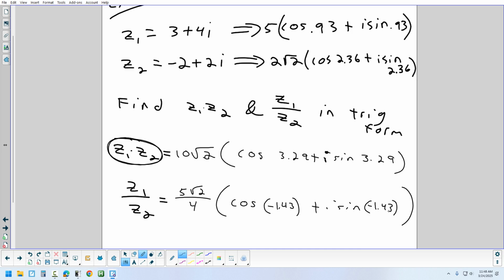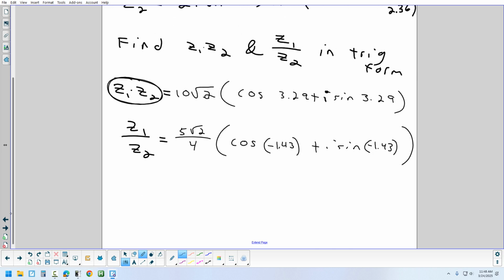Now, I don't know if you noticed or not, but there were no labels on the angles in this problem, which means they did this one in radians, which is fine. But when you write your final answer, they may ask you to leave the angle positive. There are 2 ways we can fix having a negative angle.